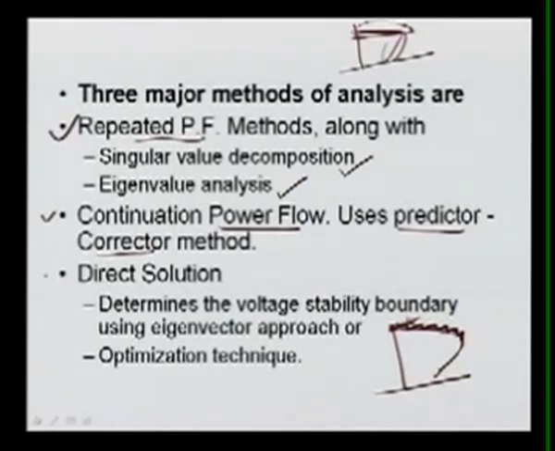Another method, the third method, is called the direct solution method. In this method we can determine the voltage stability boundary using the eigenvector approach.